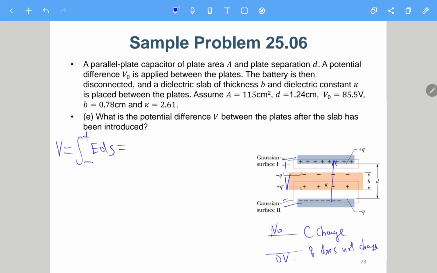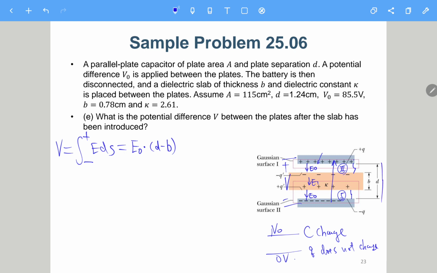Just as I mentioned, this is E0, this is E0, and this is E1. This is part 1, this is part 3. For part 1 and part 3, the E field is uniform, points in the same direction, and has the same magnitude E0. So the potential difference for these parts together is E0 times (D minus B).